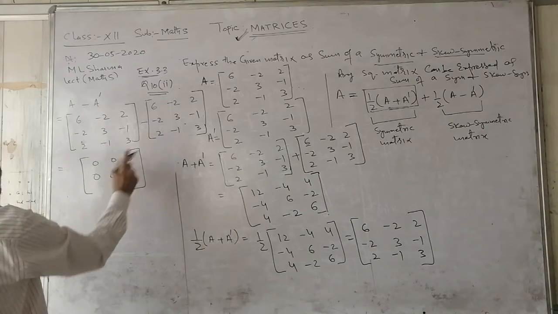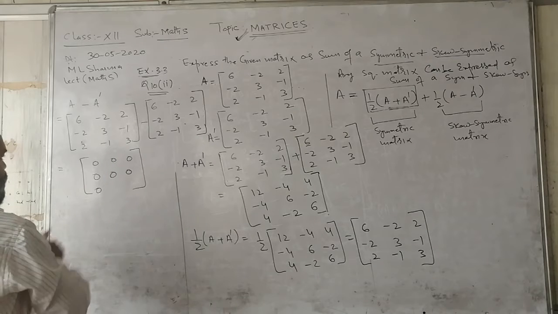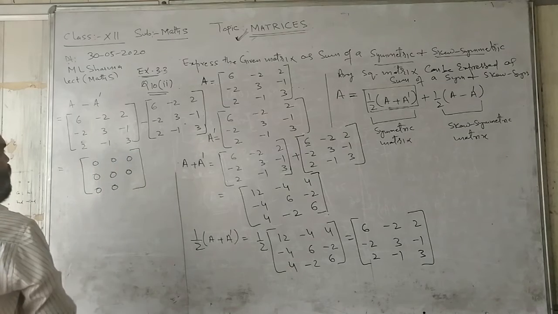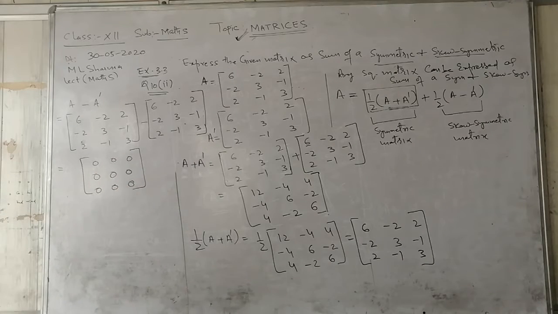0, 2, minus 2, 0, 1 plus 1, minus 1 plus 1, again 0, and 3 minus 3, again 0. So this is the value of A minus A transpose.